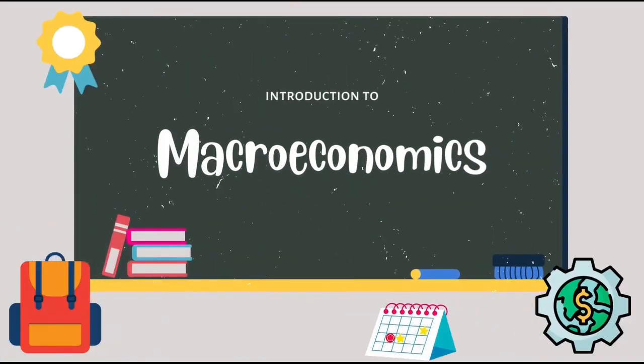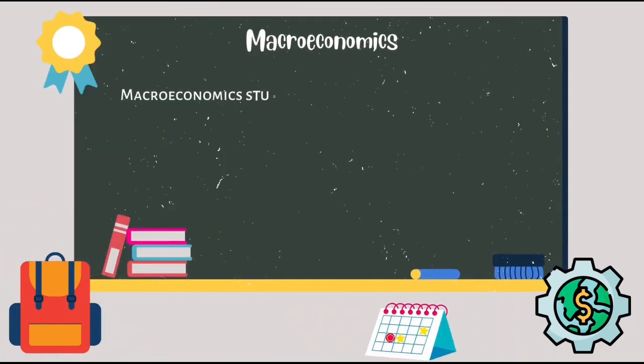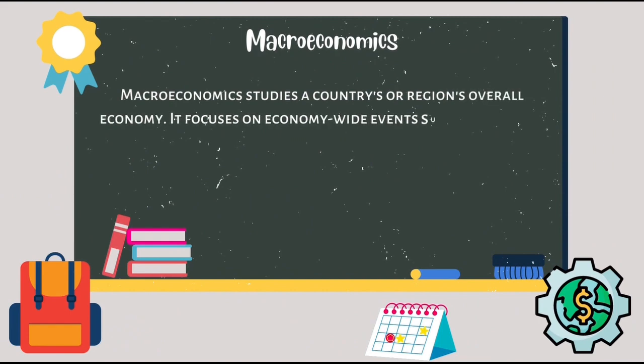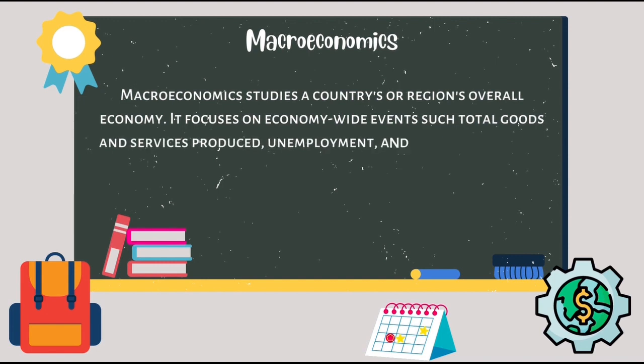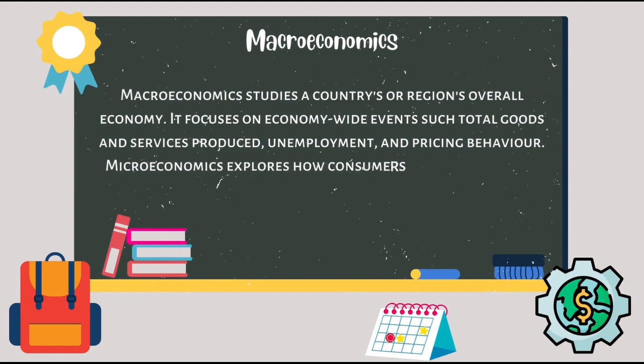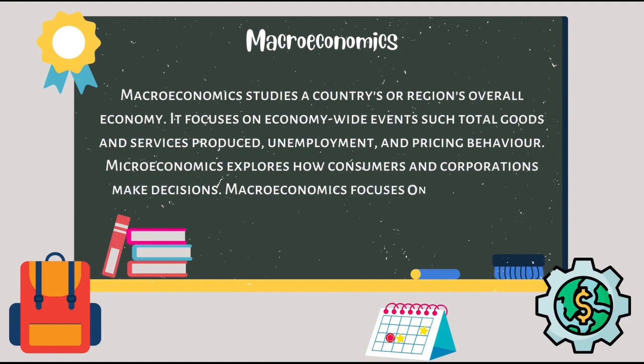Introduction to Macroeconomics. Macroeconomics studies a country's or region's overall economy. It focuses on economy-wide events such as total goods and services produced, unemployment, and pricing behavior. Macroeconomics explores how consumers and corporations make decisions.